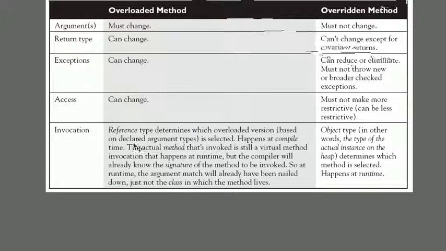Invocation: in overloading, the reference type determines which overloaded version is selected, and this happens at compile time. The actual method invoked is still a virtual method invocation that happens at runtime, but the compiler already knows the signature of the method to be invoked. So at runtime, the argument match has already been nailed down, just not the class in which the method lives.